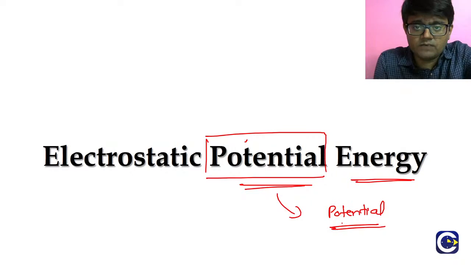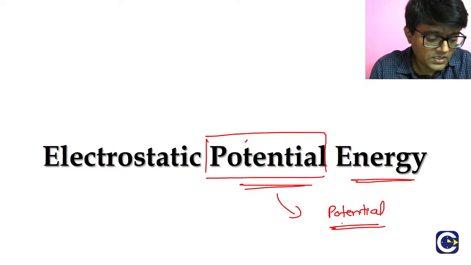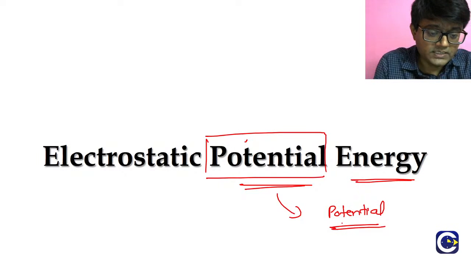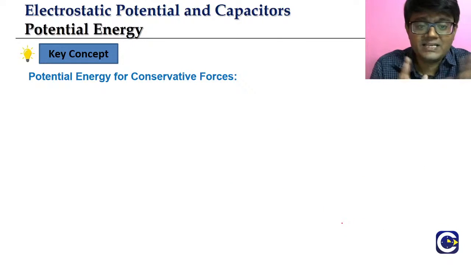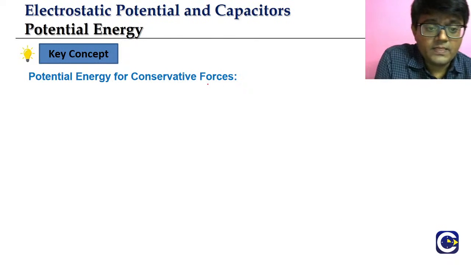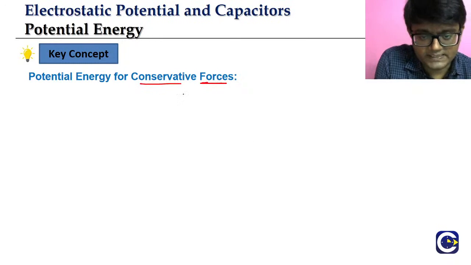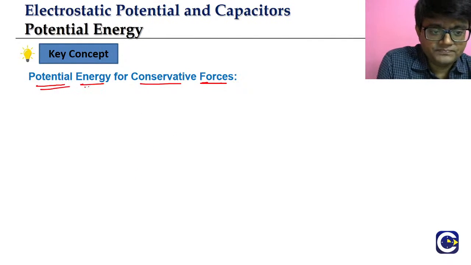Electric potential is going to come from where? It is going to come from the idea of the potential energy. Okay, so here first is electrostatic potential energy, and we should understand what this potential energy concept is. First of all, it comes from mechanics. Remember, for conservative forces we use the potential energy term.